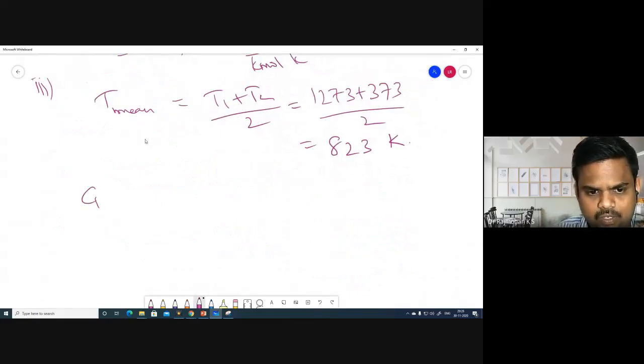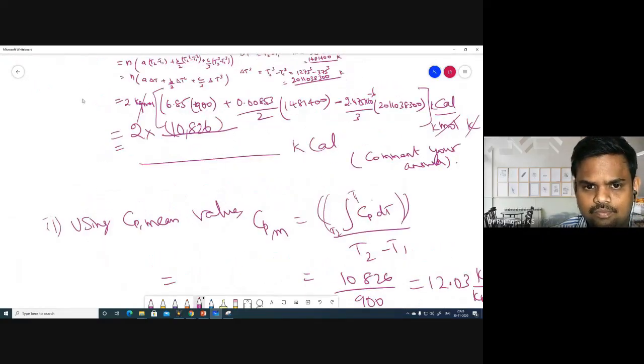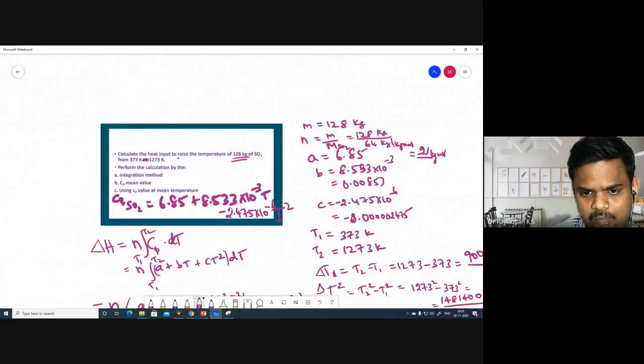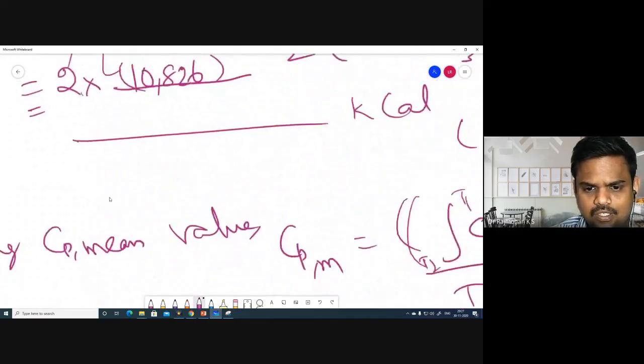What is the Cp value of SO2 at T mean? Cp value is given, right? Write the given expression, Cp equal to 6.85 plus 8.533 into 10 power minus 3 within bracket, substitute the T mean, minus 2.475 into 10 power minus 6 within bracket, substitute the T mean value whole square. That will give us a Cp value. Please calculate.